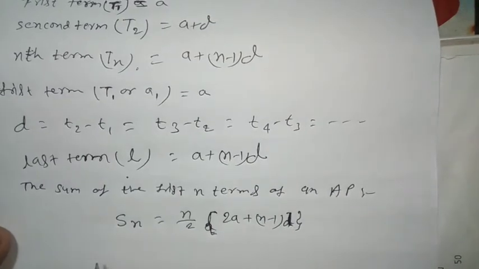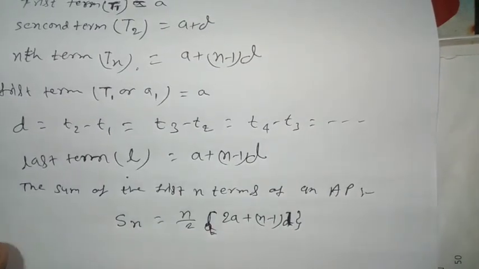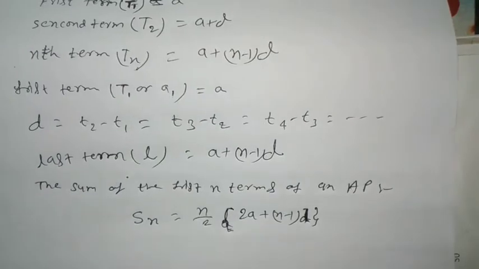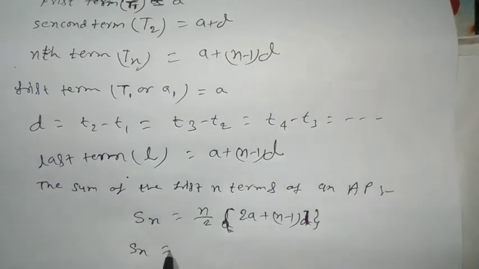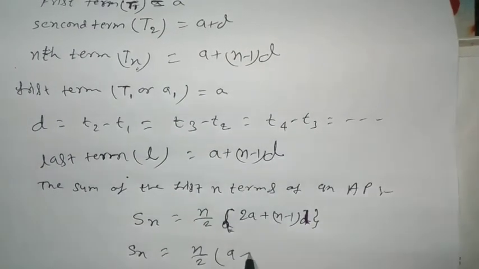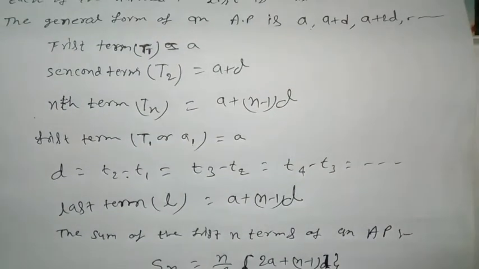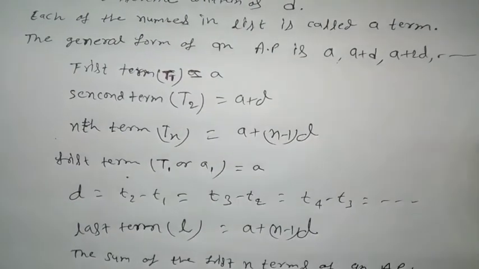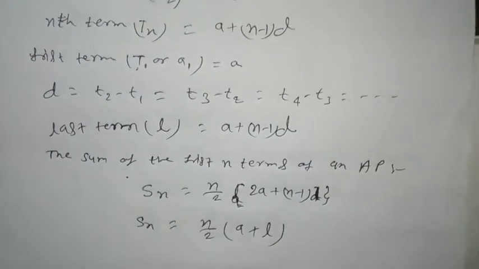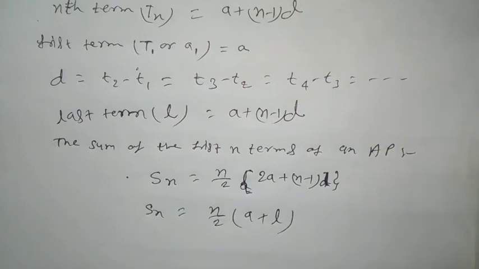Okay, if you know the last term, then Sn is equal to n by 2 into a plus l. These are the formulas you use in this lesson 5. So now we start the questions.